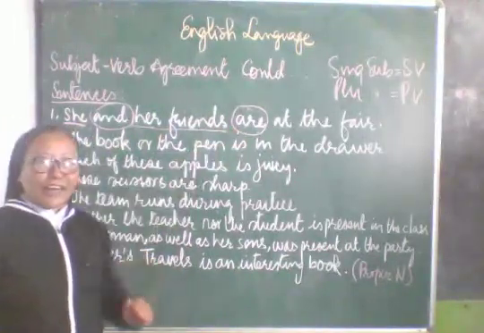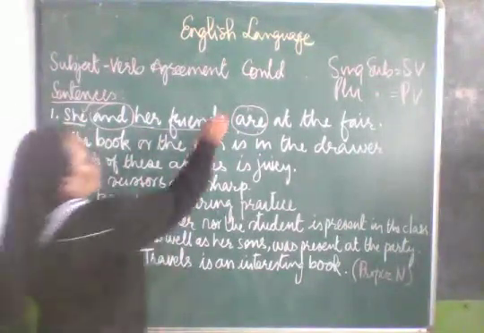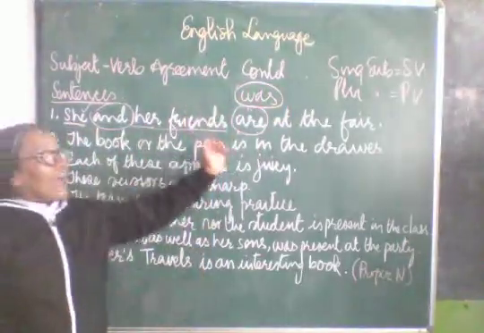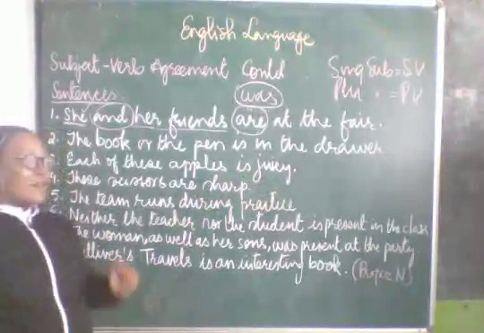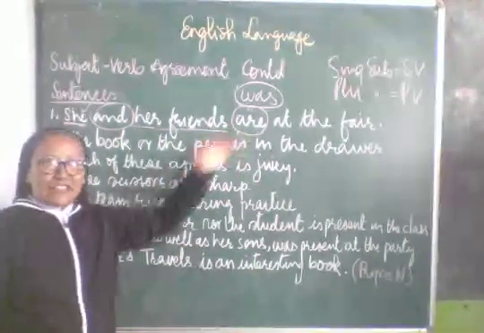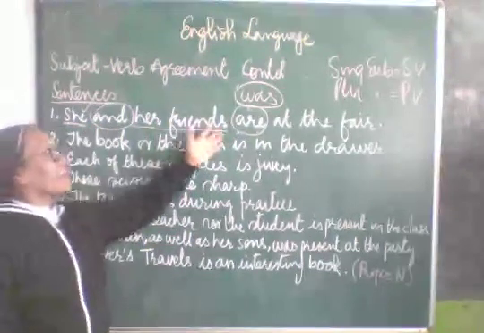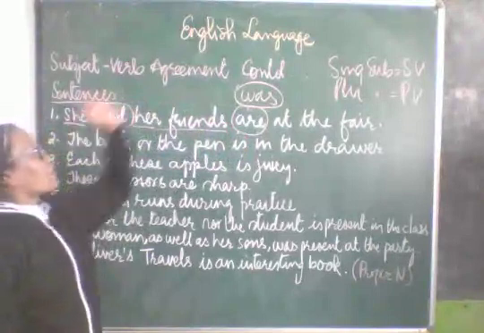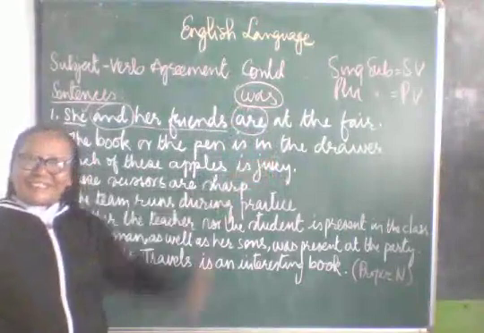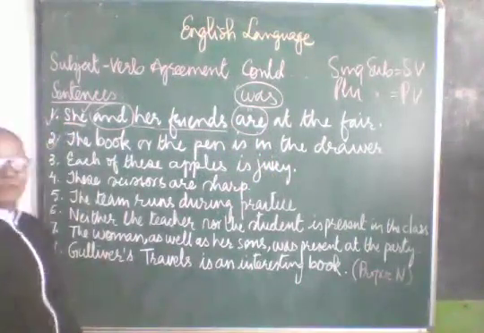Here, friends are also there, so are. Plural subject takes plural verb, and singular subject only if it was only she. So remember.